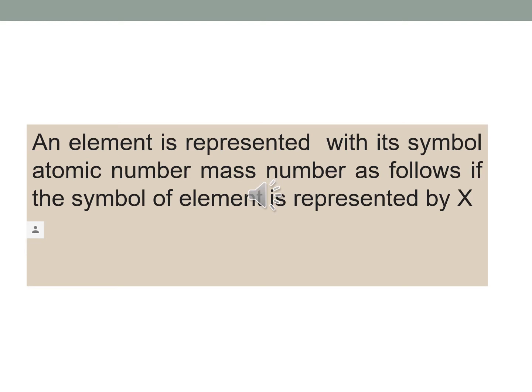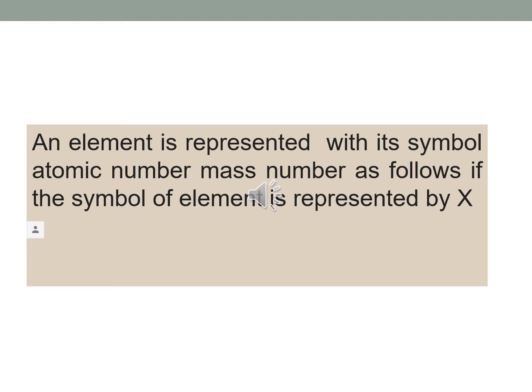Now the number of protons plus the number of neutrons is equal to the mass number. That is, the total number of protons and neutrons present in the nucleus of the atom is the mass number of an element.